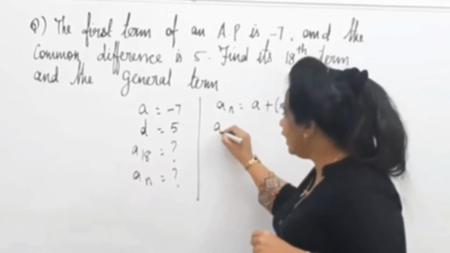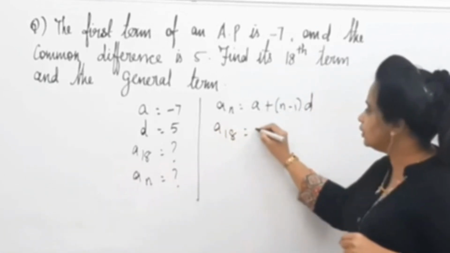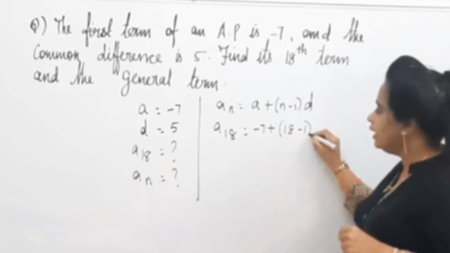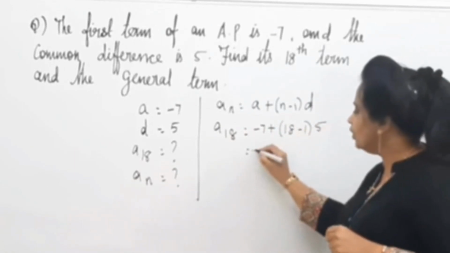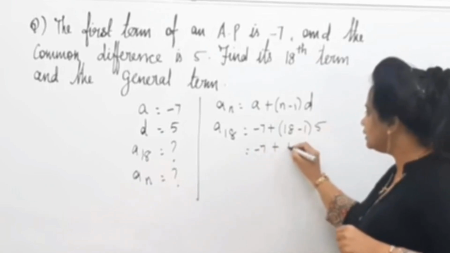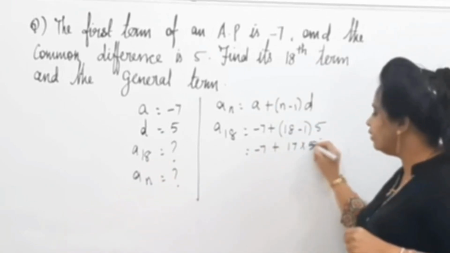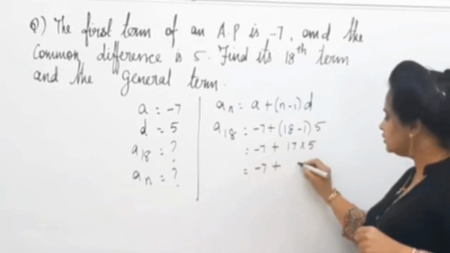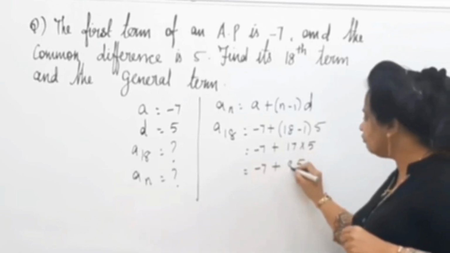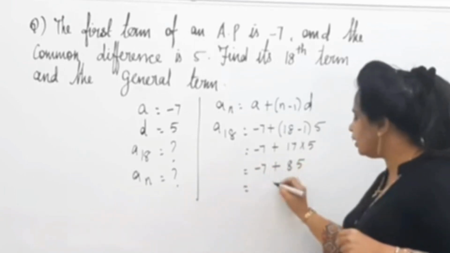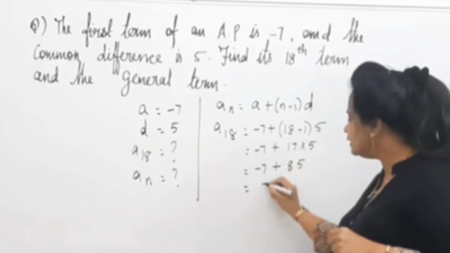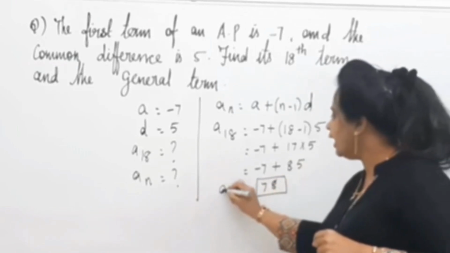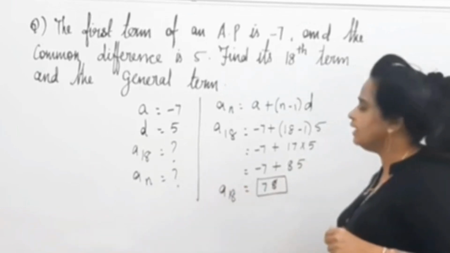So I want A18. Substitute A is minus 7 plus 18 minus 1 into D is 5. That's equal to minus 7 plus 17 into 5, which is equal to minus 7 plus 85, that's equal to 78. So you get A18 is 78.